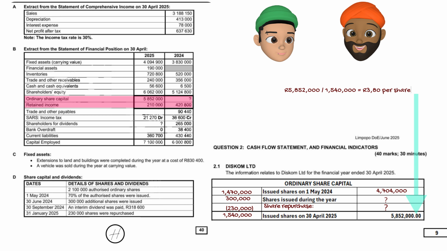As we all know, we use an average price to calculate the share buyback, so we can easily plug in the share buyback or repurchase of shares at 3 rand 80 cents per share times 230,000 shares equals 874,000 rand. It will be in brackets as it's a deduction or repurchase of shares.